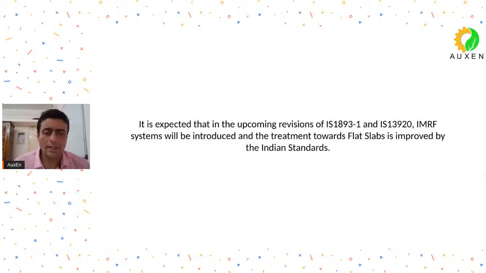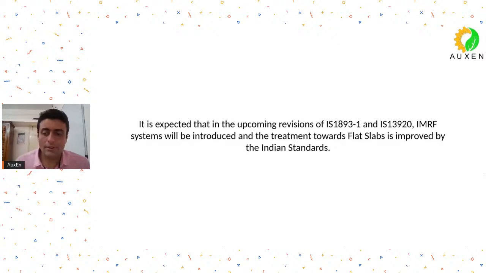It is expected that in the upcoming revisions of 1893 and 13920, they will copy the IMRF system and paste it in the Indian standards also. So that is what is expected. And there was a discussion on the proposed amendments to IS 13920 a few months back. There they had suggested including the IMRF system in the Indian code.